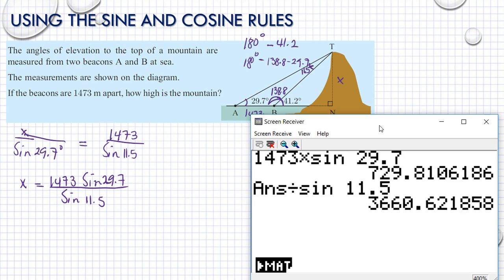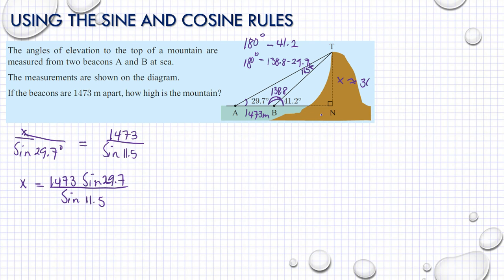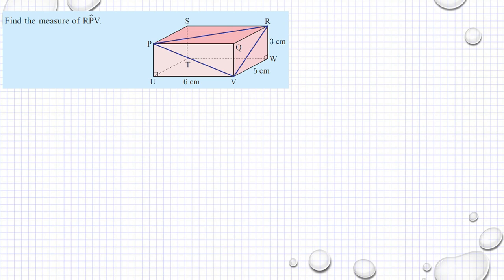Then the mountain is approximately 3,660 meters.